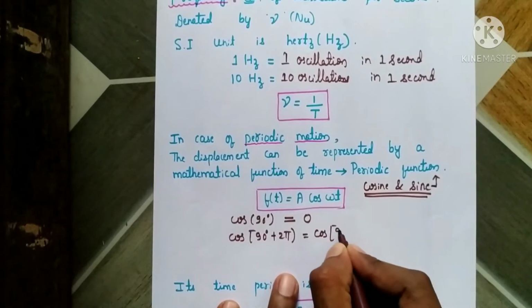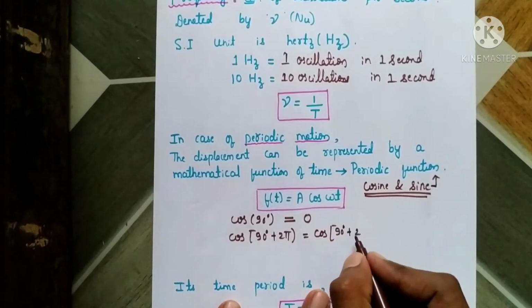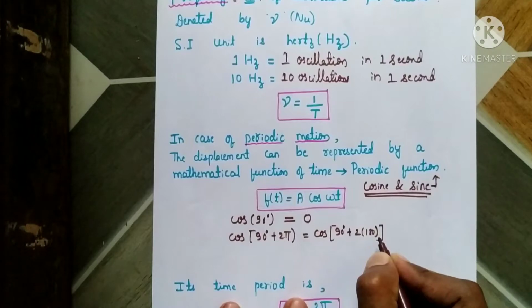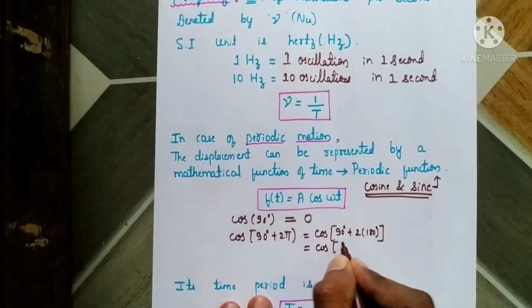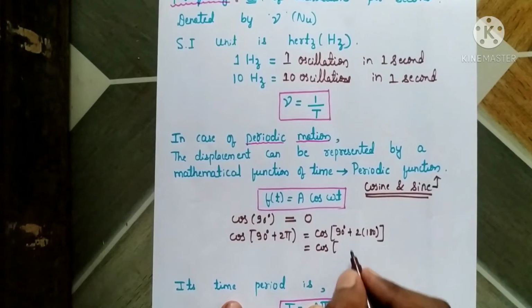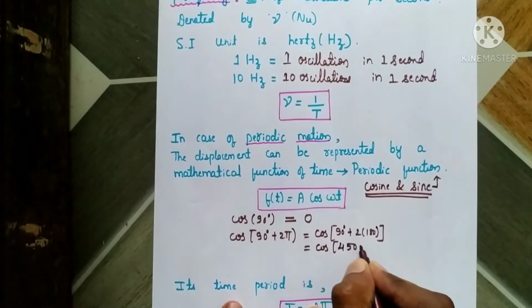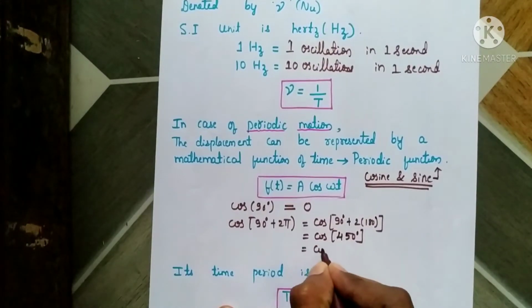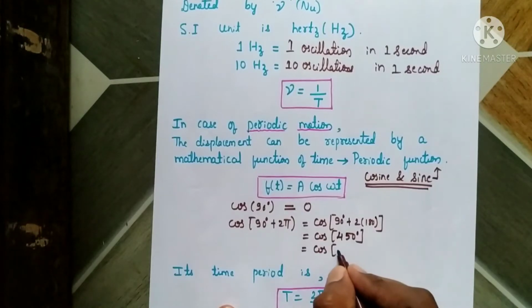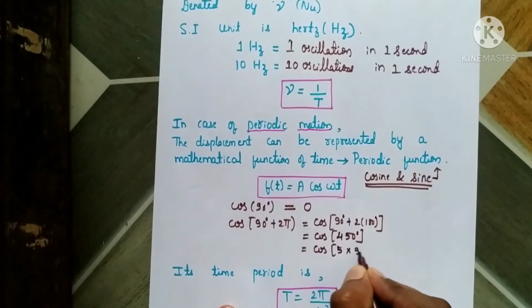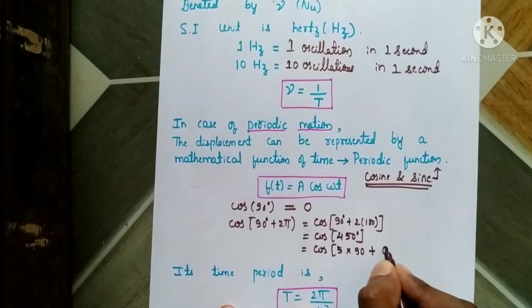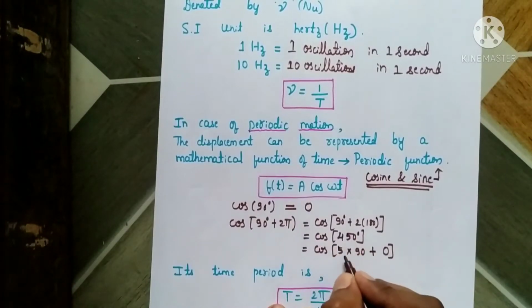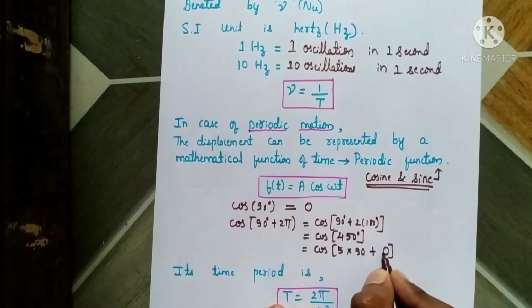Cos of 90 plus 2 times pi, with pi as 180, simplifies to cos 450. Now I need to find the value of cos 450. I can write 450 as 5 into 90 plus 0.